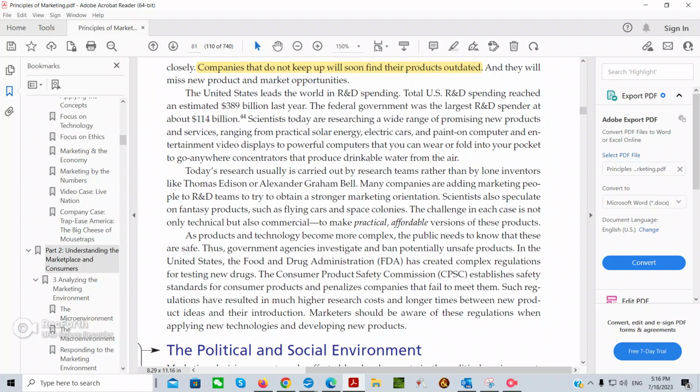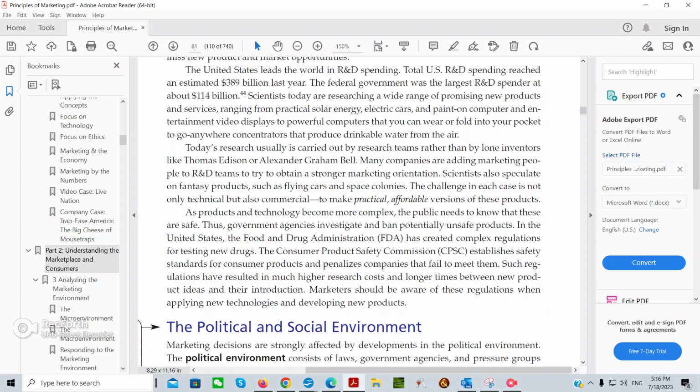Scientists today are researching a wide range of promising new products and services, ranging from practical solar energy, electric cars, paint-on computer and entertainment video displays, to powerful computers that you can wear or fold into your pocket, to concentrators that produce drinkable water from the air. Of course, there's water in the air, so basically what it's doing is just taking water from the air.